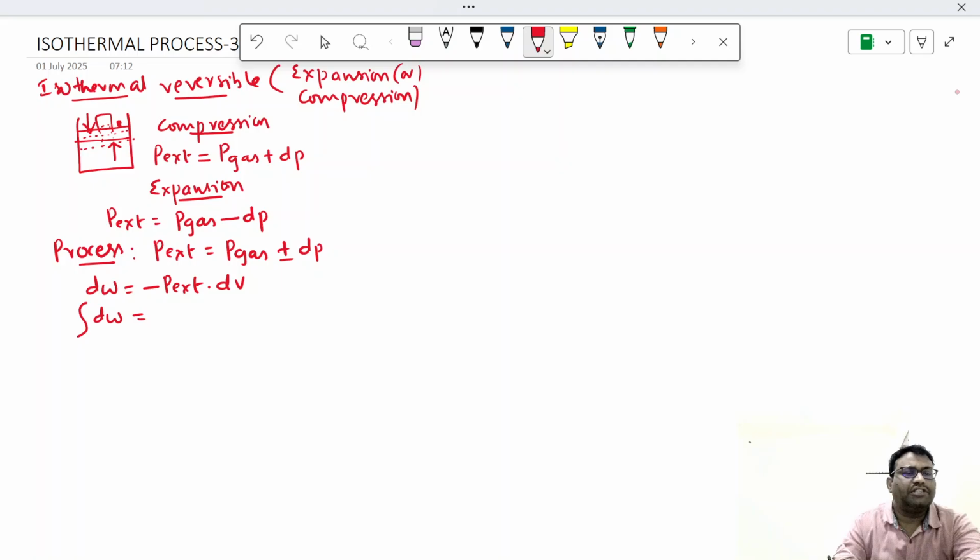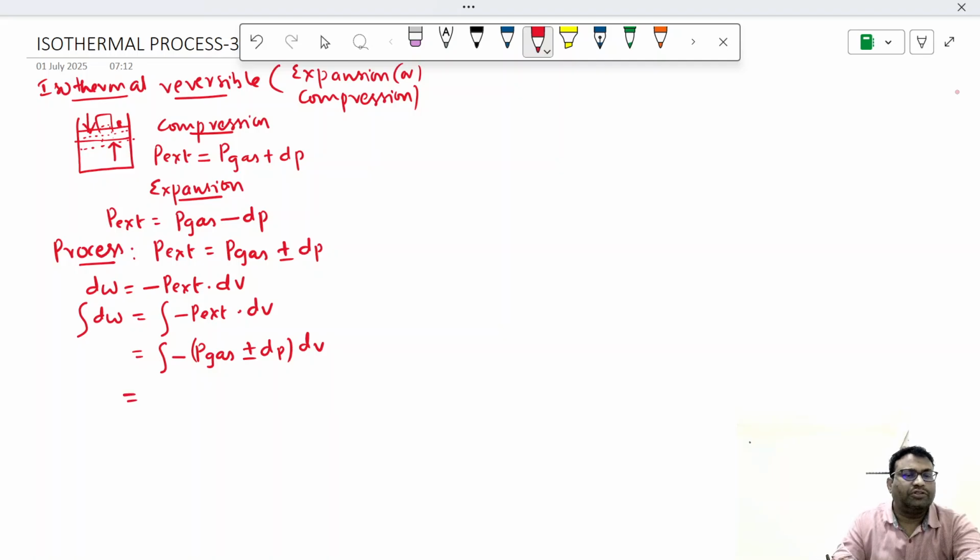integration of dW is equal to integration of minus P external into dV. And we have already studied what P external is. P external is the pressure of the gas plus or minus dP. So you can write minus pressure of the gas plus or minus dP into dV.